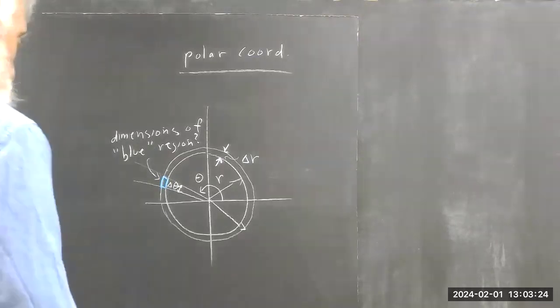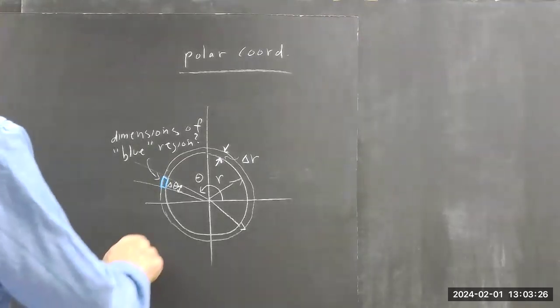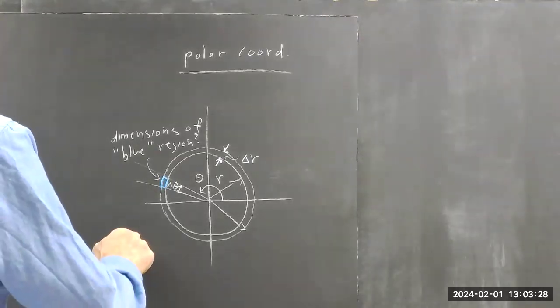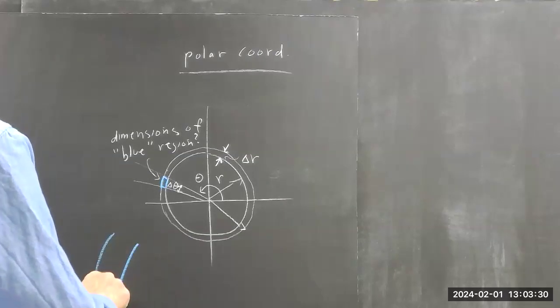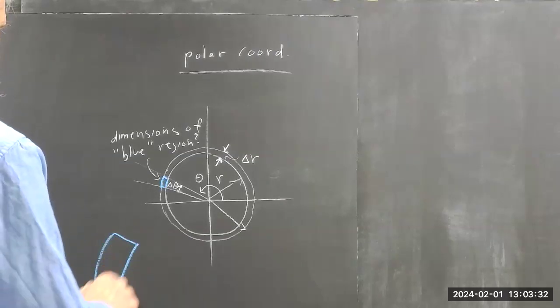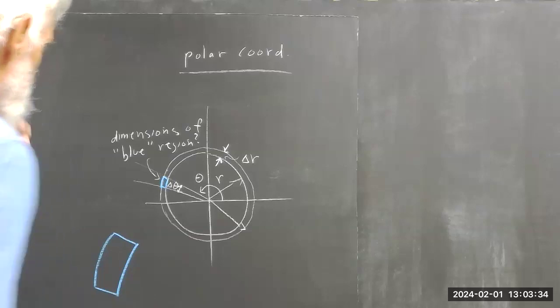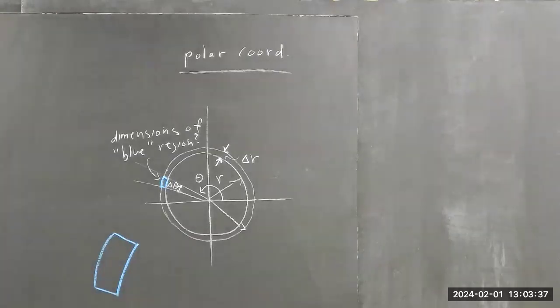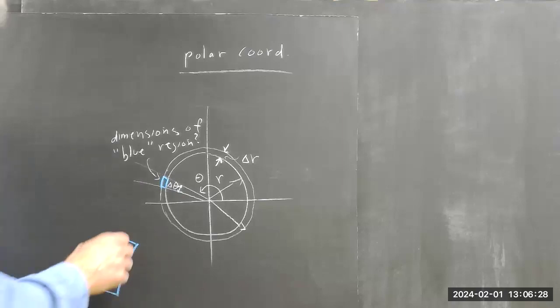Let's draw a bigger picture of it. Draw it big enough that we can label it. And what's its area? Okay, some people have a premonition of what's coming here.